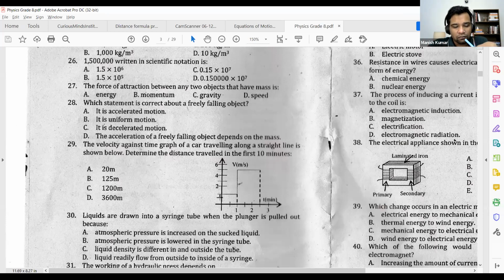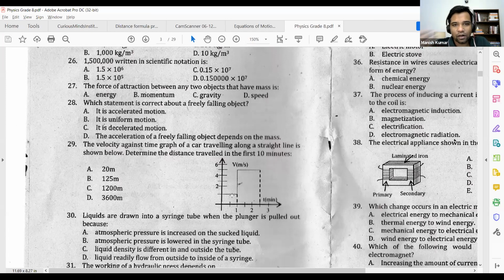For the first 1 minute, the velocity was 1 meter per second. So in 1 minute at 1 meter per second, how much will the car run? What do you mean by 1 meter per second?